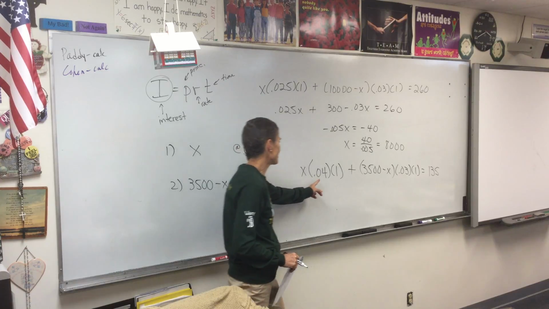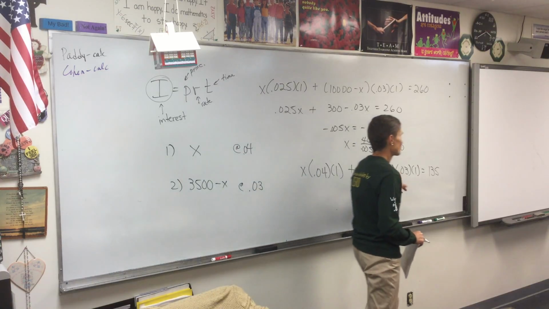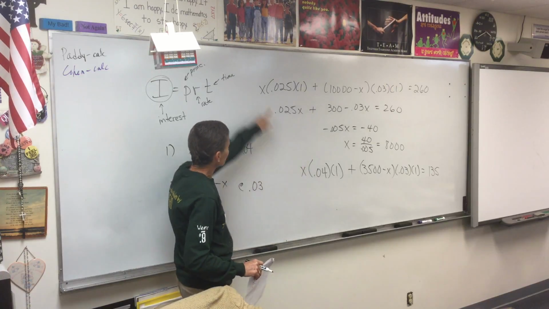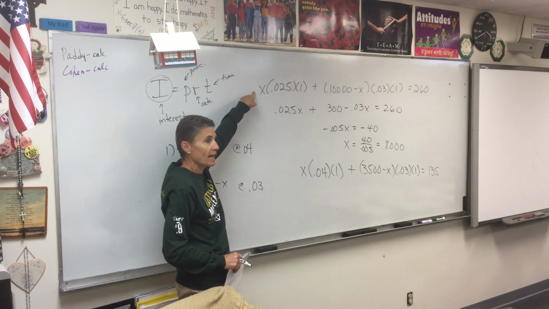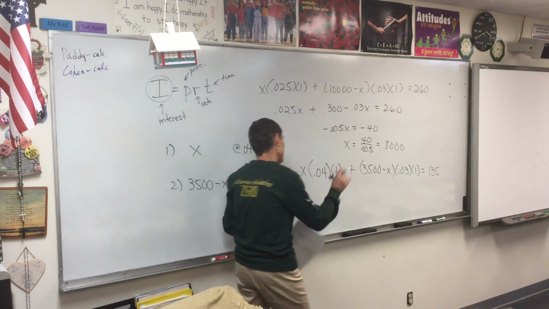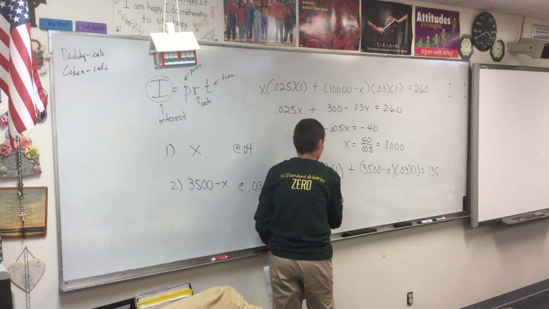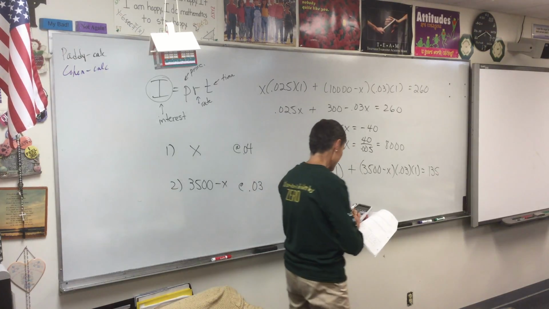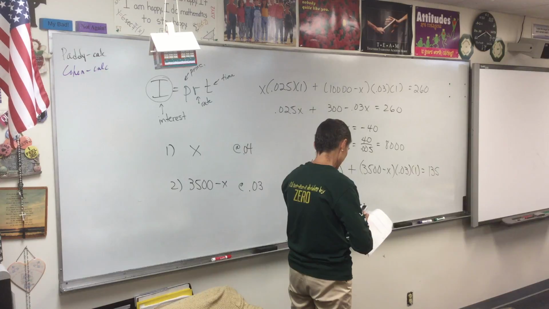So principal times rate times time, principal times rate times time equals the total. That is exactly the same equation we had for the last problem, right? Now we'll just hopefully do the arithmetic correctly this time. I'm going to use my calculator this time because obviously my brain doesn't work right.